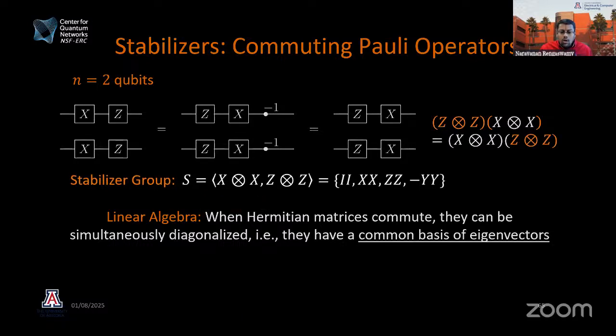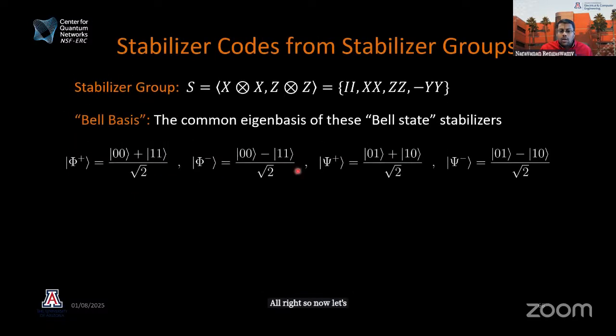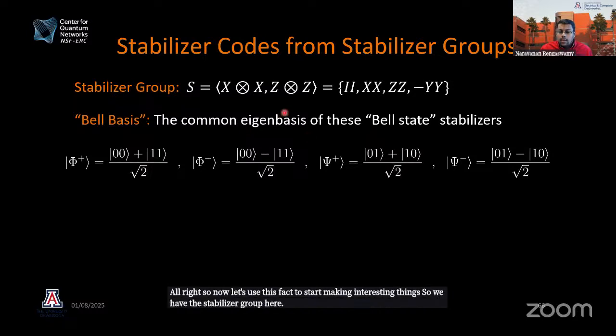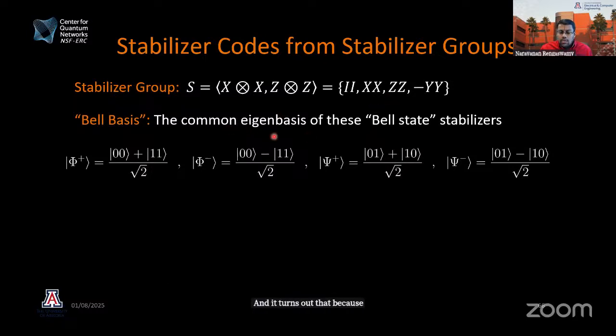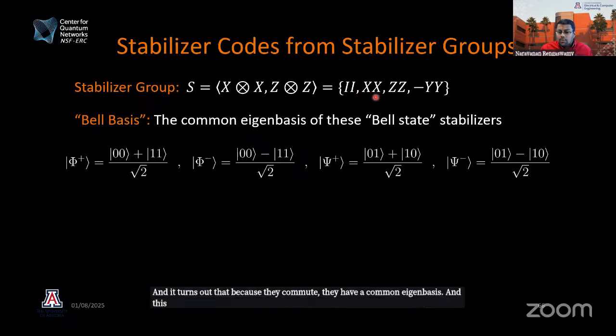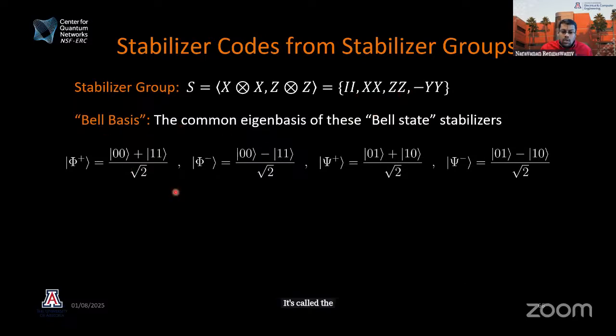All right, so now let's use this fact to start making interesting things. So we have the stabilizer group here, and it turns out that because they commute, they have a common eigenbasis, and this common eigenbasis of these particular operators is famous. It's called the Bell basis. So here are four Bell states, each with different notation.